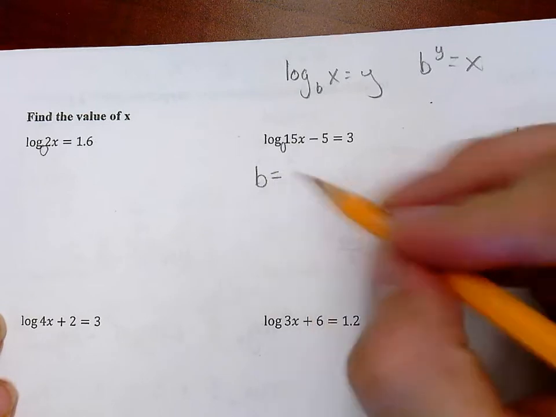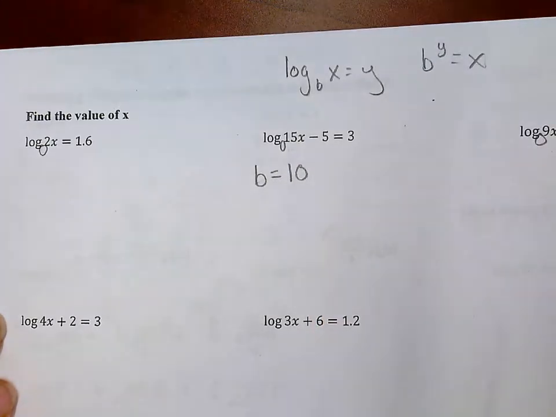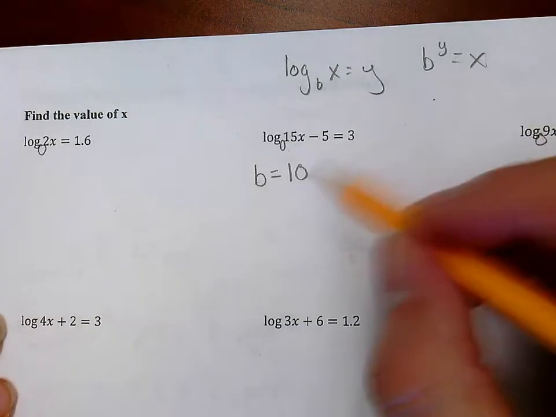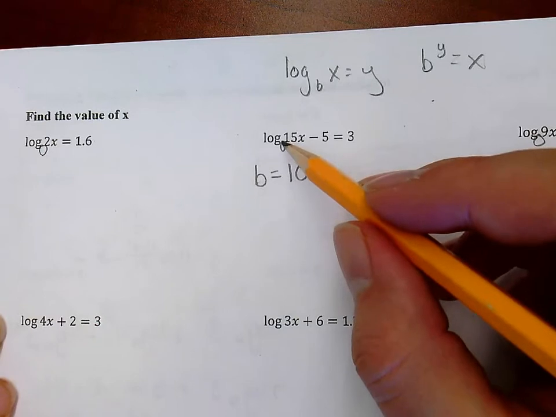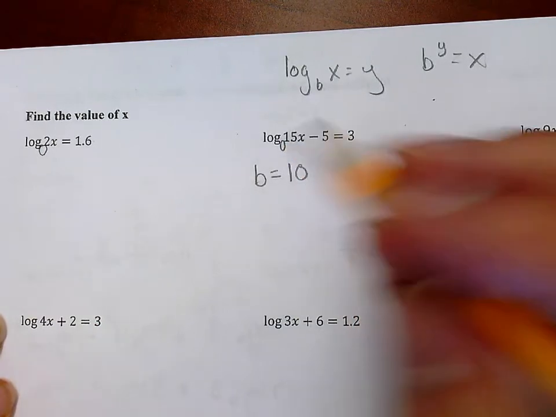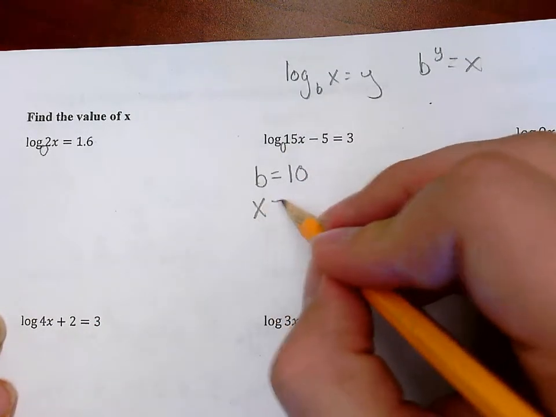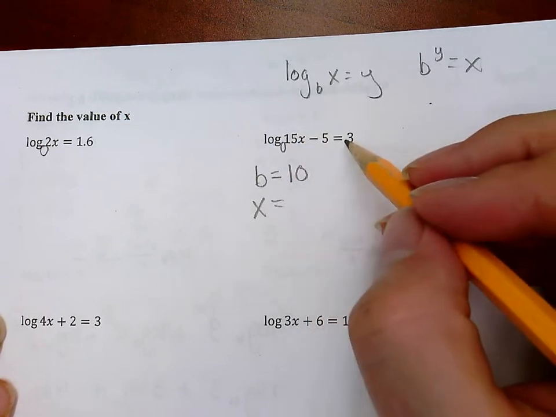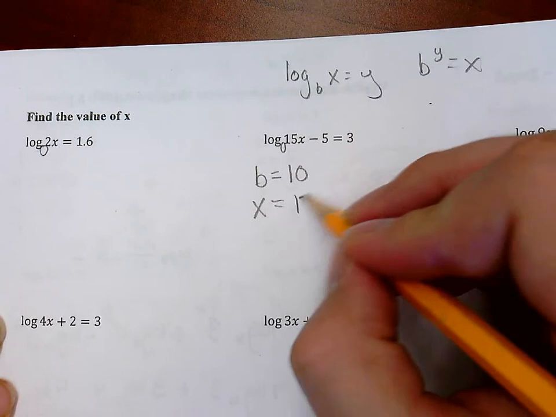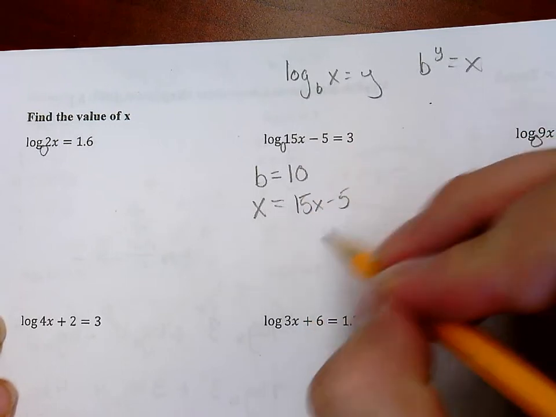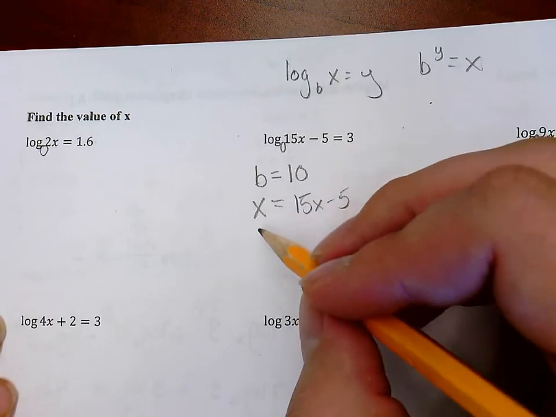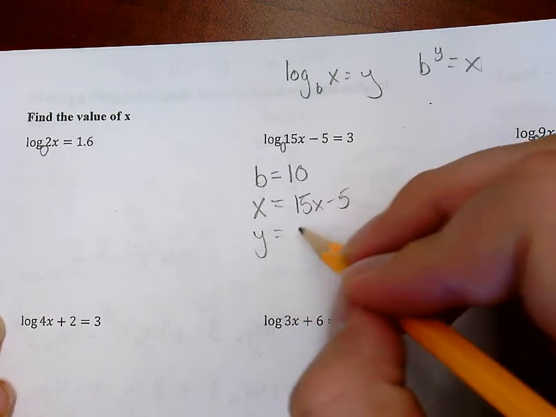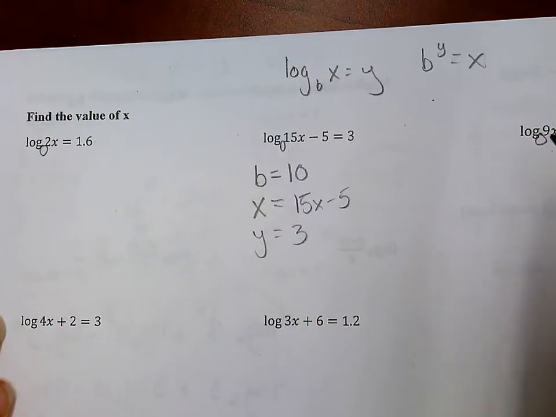Since I don't have one, I know it's going to be 10. It's something that you just have to remember, that if you don't have a number there, it's going to be 10. My x is everything next to the log before the equal sign. So in this case, it's 15x minus 5. And then finally, your y is the thing after the equal sign, which is 3.